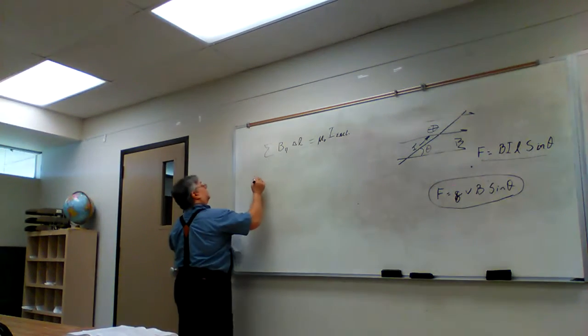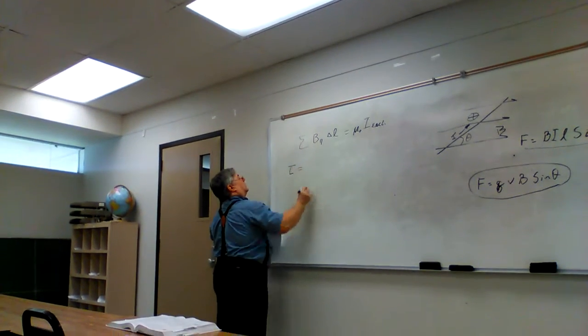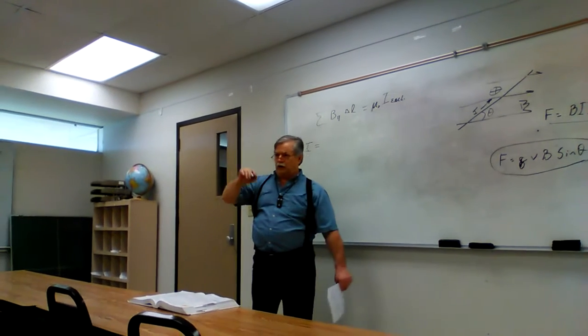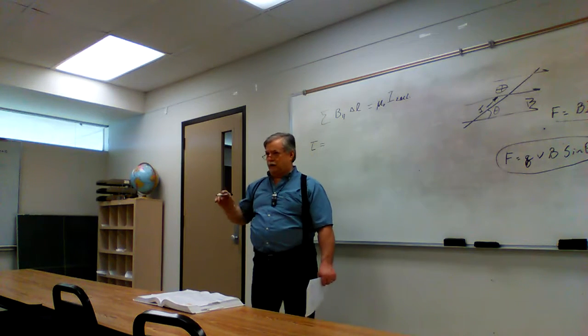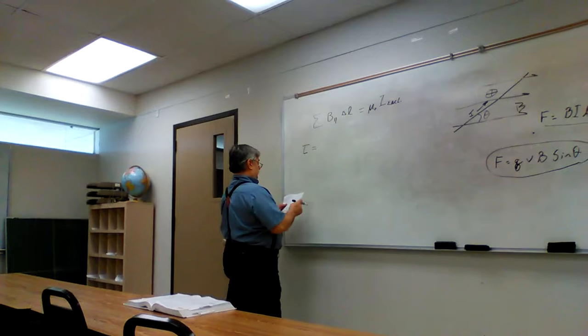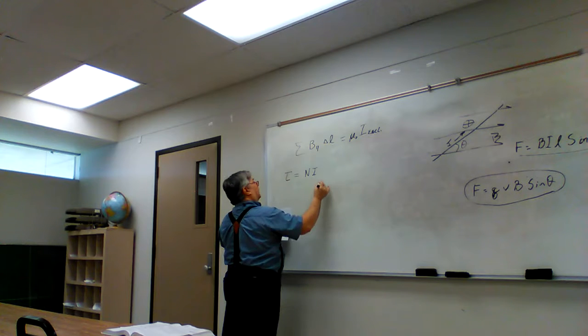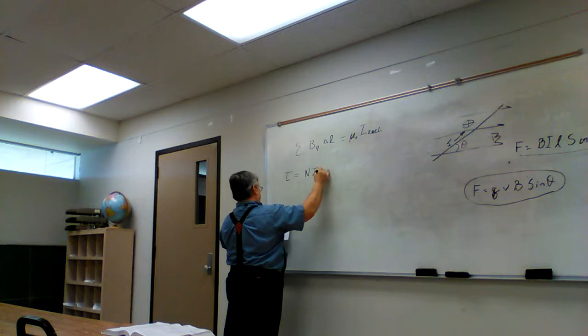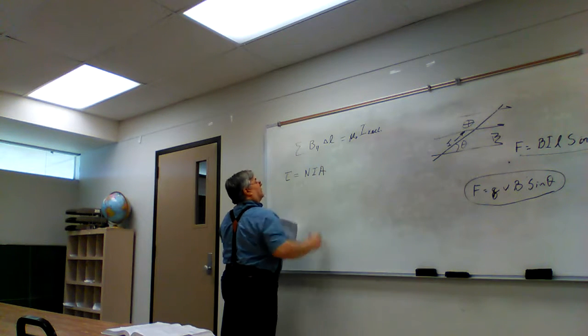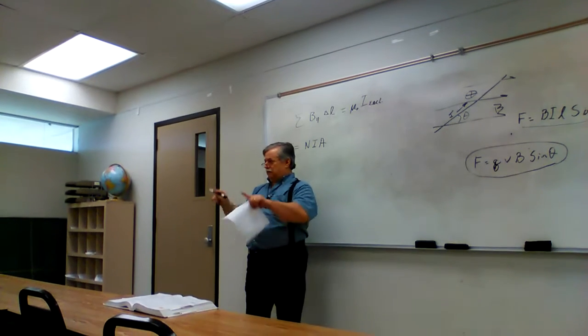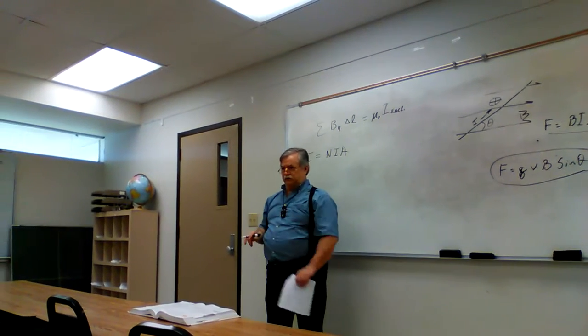But we know that the torque produced on a loop of wire in a magnetic field is equal to the number of turns in that wire times the current passing through the wire times the area that the wire encloses.